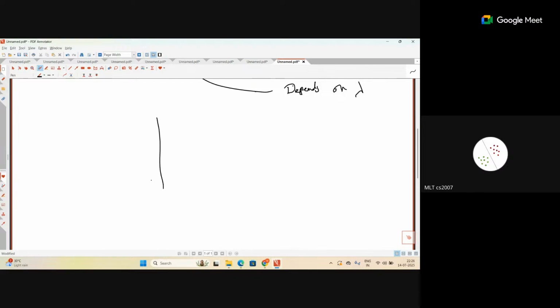Let's say there are two features, f1 and f2, or x1 and x2. These are the two weights. This is a parameter space, a two-dimensional parameter space.